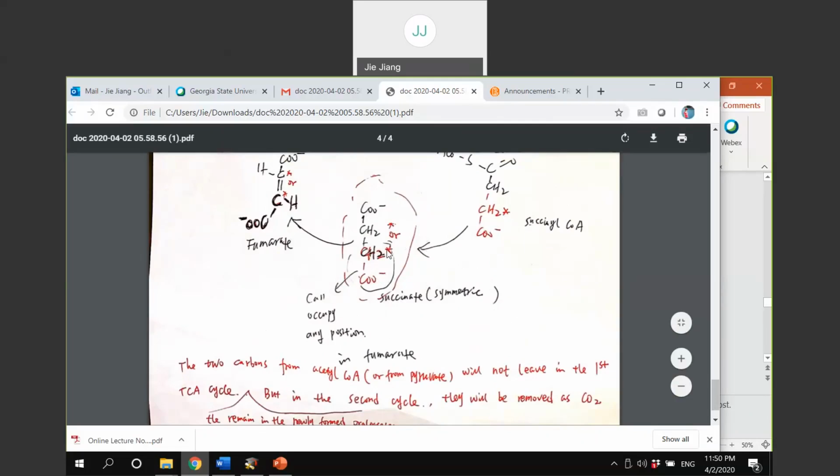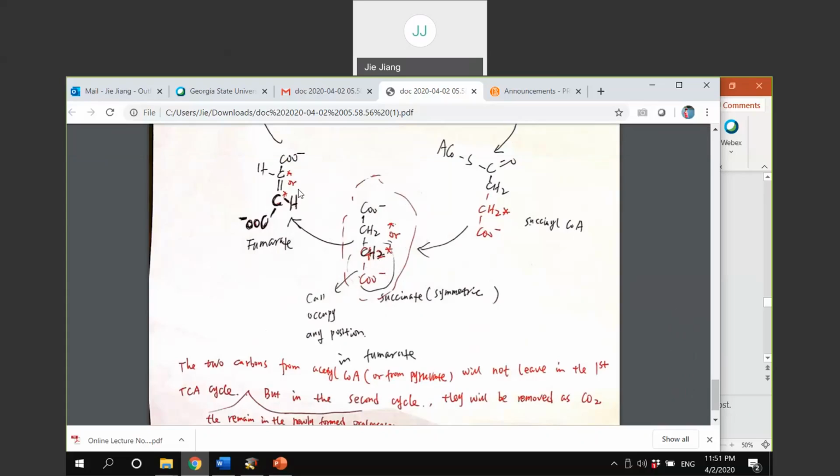Although I labeled this carbon here, you don't know in the next step, because I can number them 1, 2, 3, 4, or I can number them 1, 2, 3, 4 from the other end. Basically, these two carbons are in the same position.